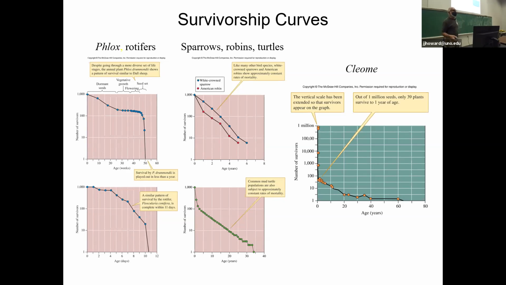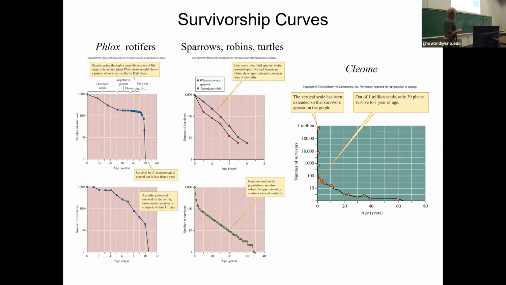They don't correspond perfectly. At the bottom left here, you see another. Wait a minute. Oh, this is phlox. These are phlox plants. Okay, so top is phlox. Here's the rotifers down here. It's not so perfect. Kind of starts downhill sooner than we'd like to see for a perfect type 1 curve, but it's more or less type 1.